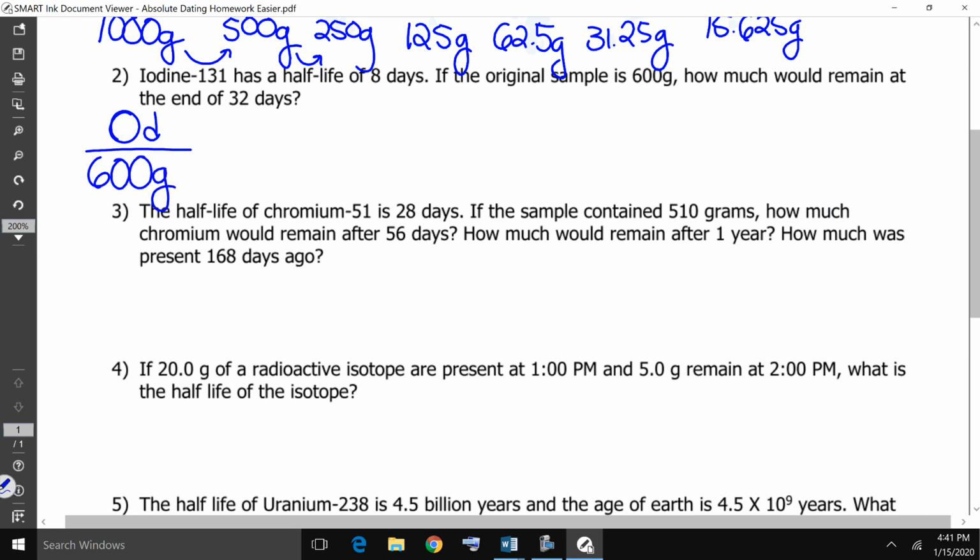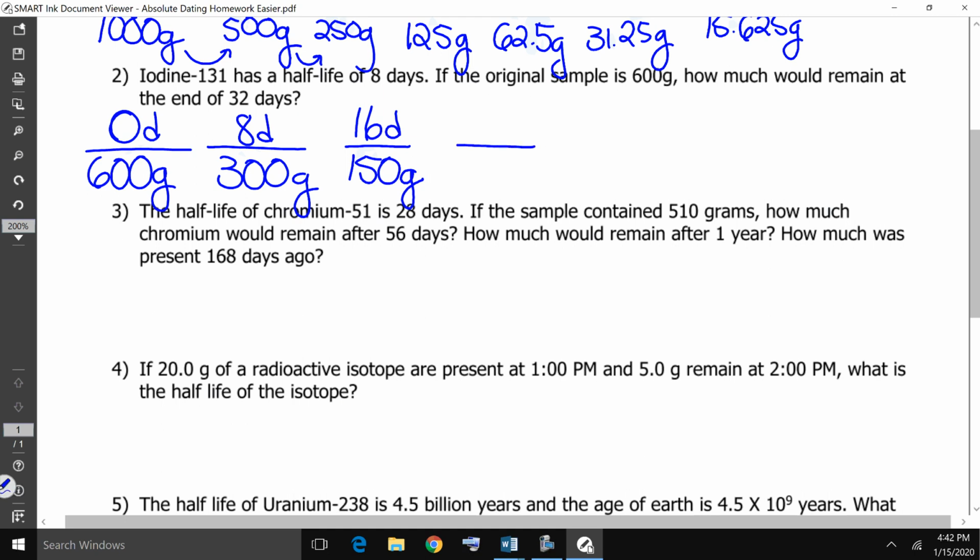Okay? We add one half-life, so our first half-life would be 8 days. We divide by 2 on the bottom. Now we're left with 300 grams. Our second half-life is 16 days. 8 plus 8 equals 16 days. Divide the bottom by 2. 150 grams.